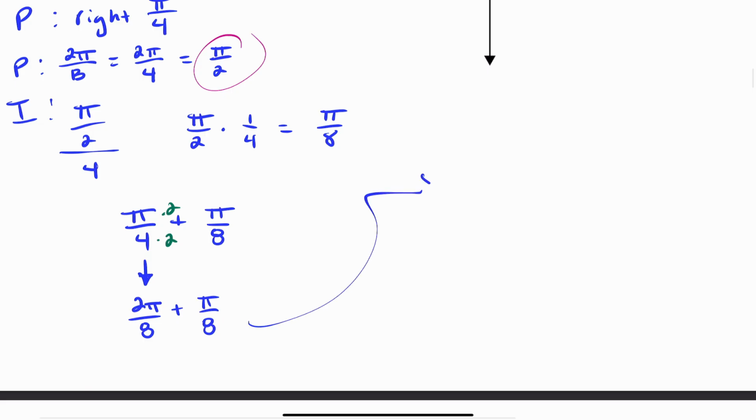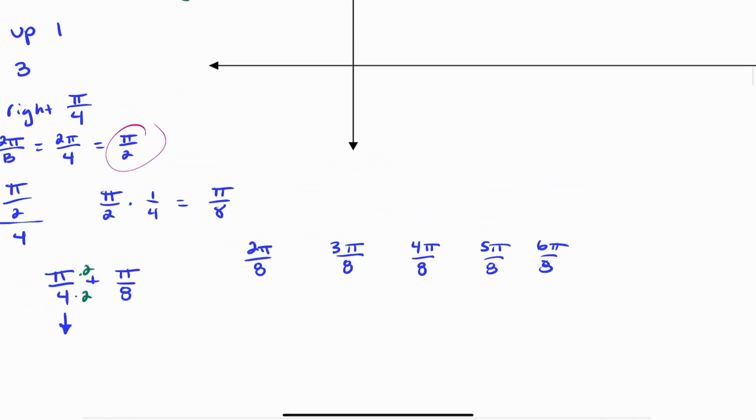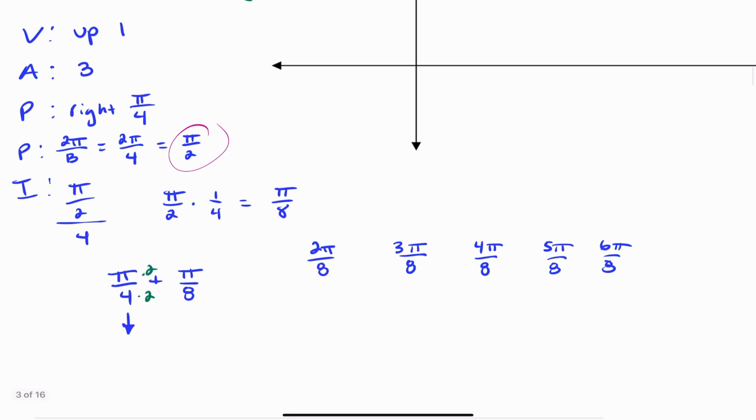So 2 pi over 8 plus pi over 8 is 3 pi over 8. And if I add another pi over 8, that's 4 pi over 8, 5 pi over 8, and 6 pi over 8, okay? But don't forget, we are starting with, well, 2 pi over 8 gets reduced to pi over 4, 3 pi over 8 doesn't get reduced, 4 pi over 8 does get reduced, 5 pi over 8 doesn't, and 6 pi over 8 does, okay?